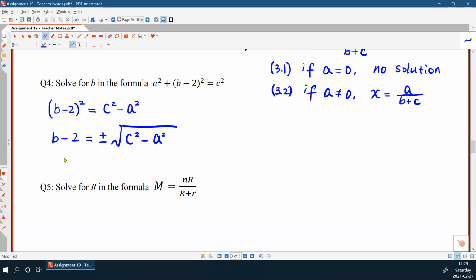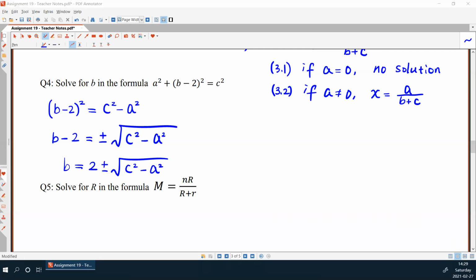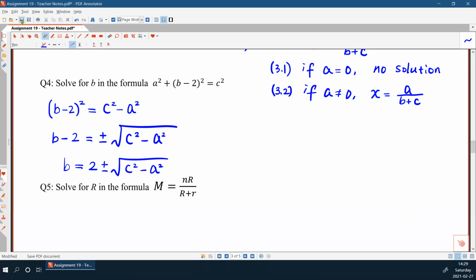What is b here? b is simply 2 plus or minus the square root of c squared minus a squared. You understand? Any questions?